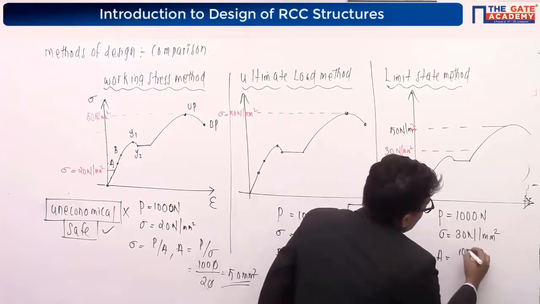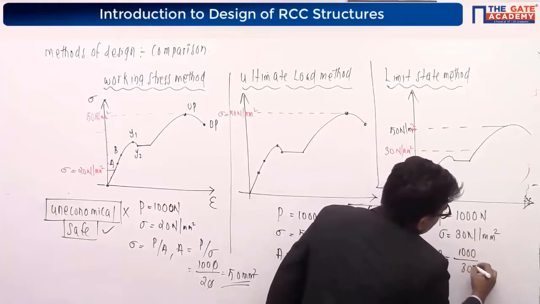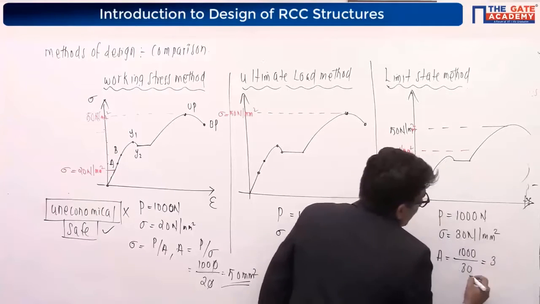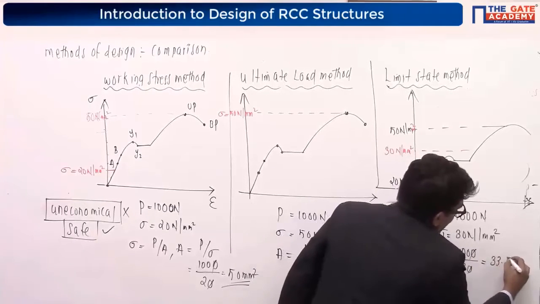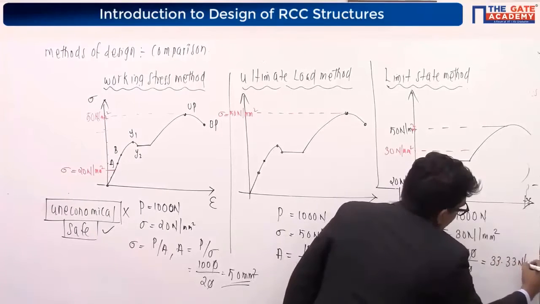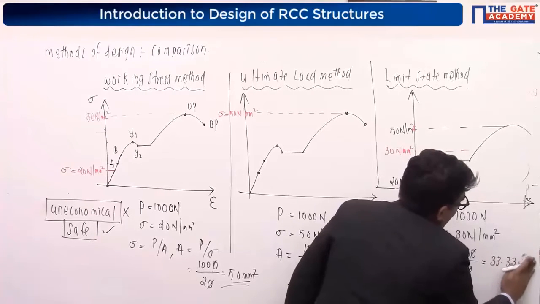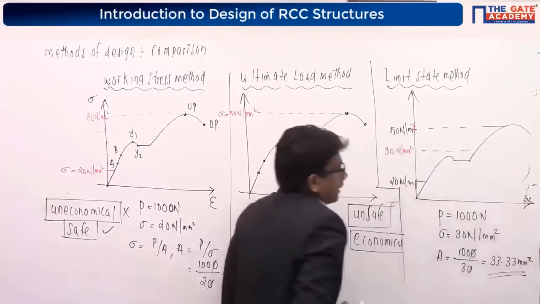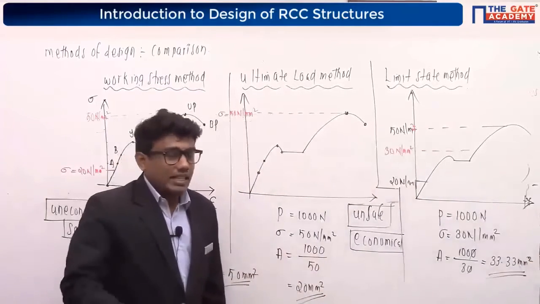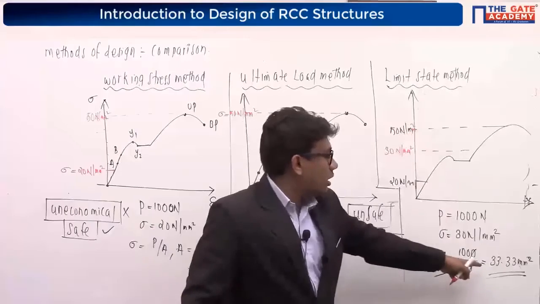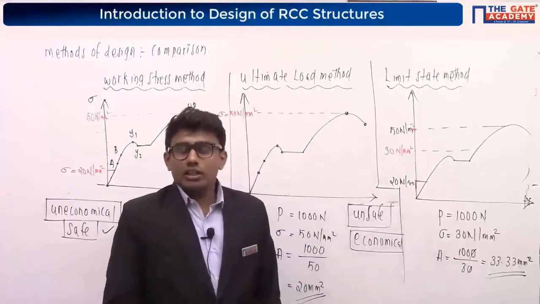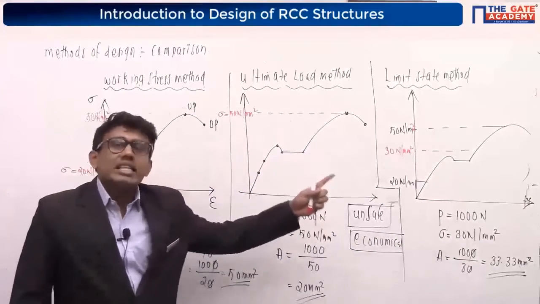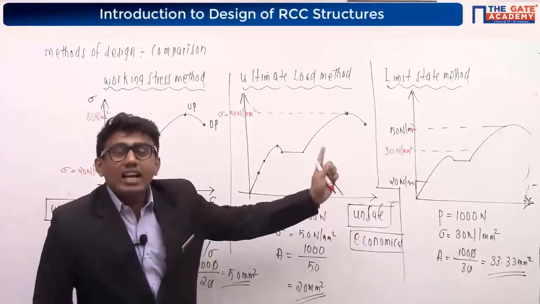Area required here will be equal to 1000 divided by 30, which is equal to, what is the answer? Sorry, we will be getting an area of cross section as 33.33 mm square. That is the area of cross section which I will be getting by using our limit state method, which will be safe as well as economical.